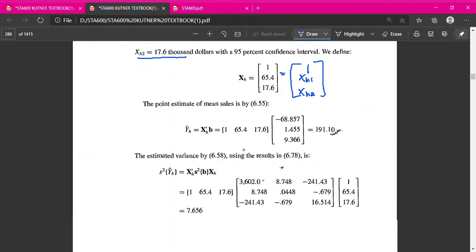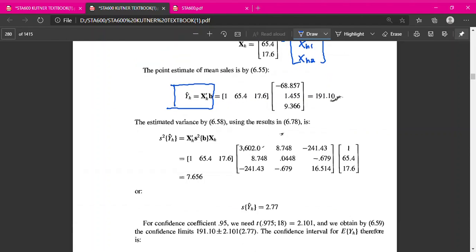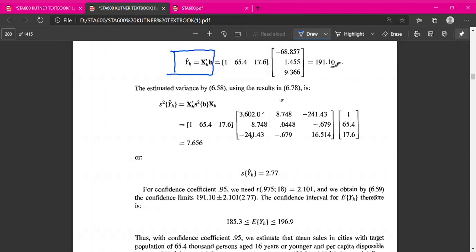Okay, so you can estimate the mean response first. Okay, you have this matrix transpose of Xh multiply dengan b matrix. Coefficient beta 0, beta 1, beta 2. So you have this value. Right, so another one, you need to estimate the variance of the mean response using this formula.